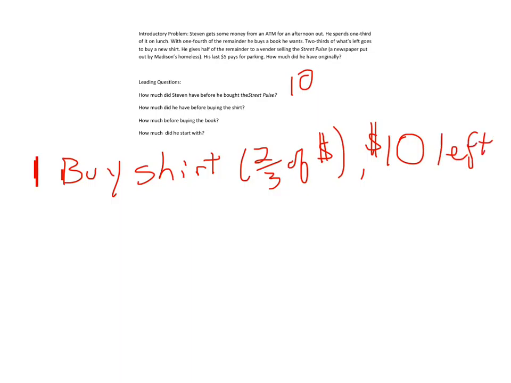Now, the common mistake students make at this stage, by the way, is to multiply the 10 by 3. This works in this case, so we'll go to the other one. When we go back one more step, we'll see a common mistake. But 2/3 of the money leaves $10.